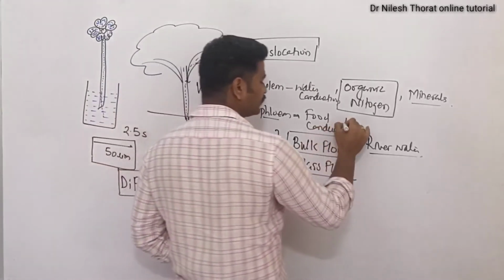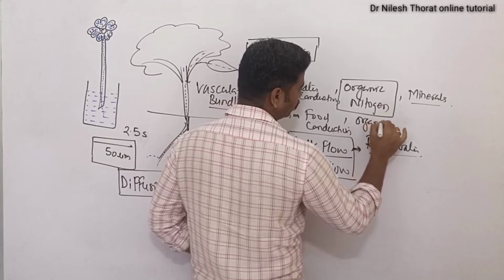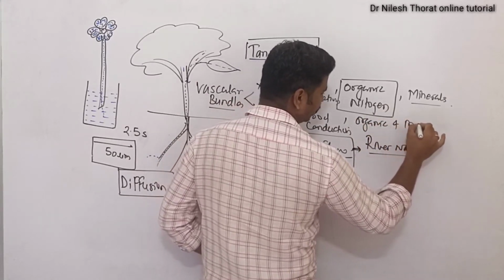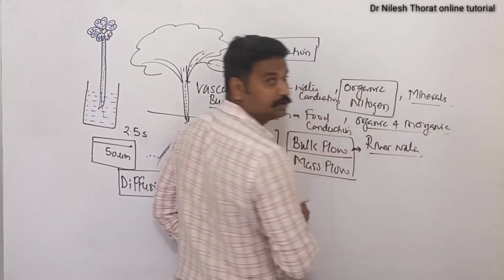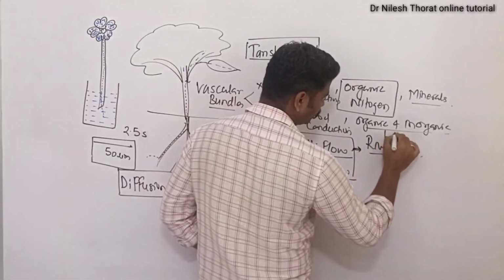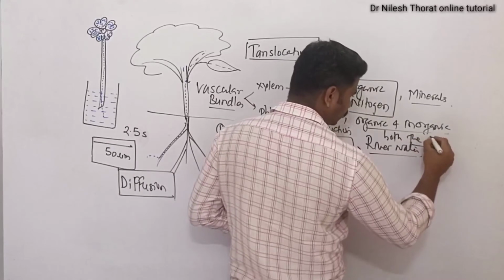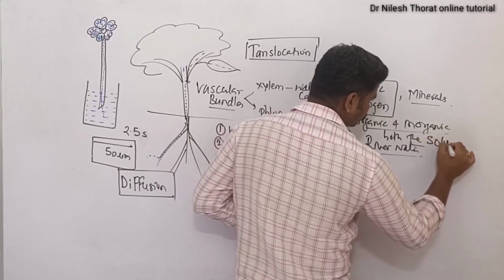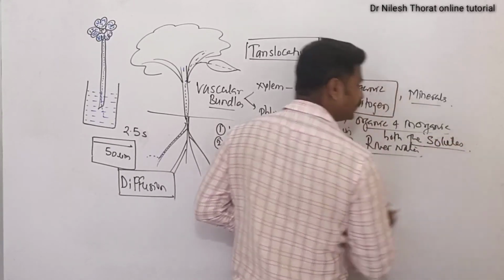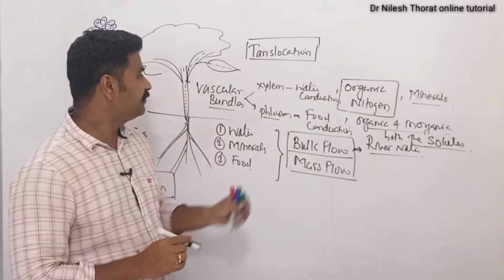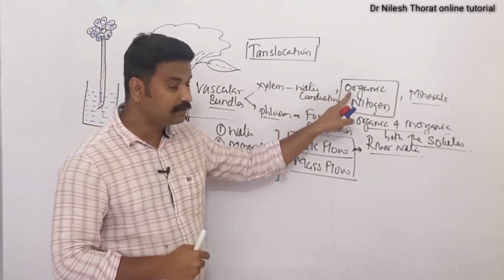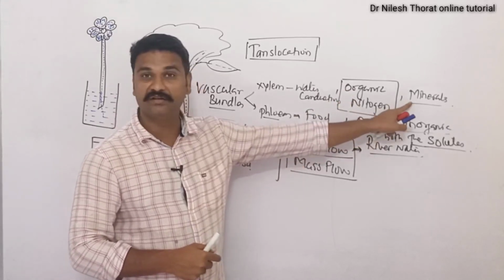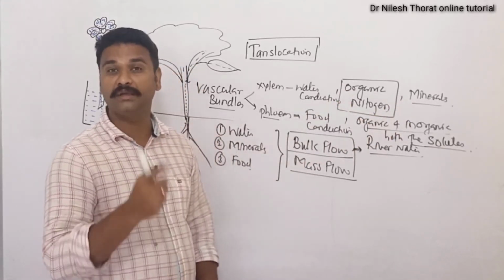It will also transport organic and inorganic nutrients, both solutes. Clear? So xylem is mainly responsible for conduction of water, organic nitrogen and minerals from root to tip.